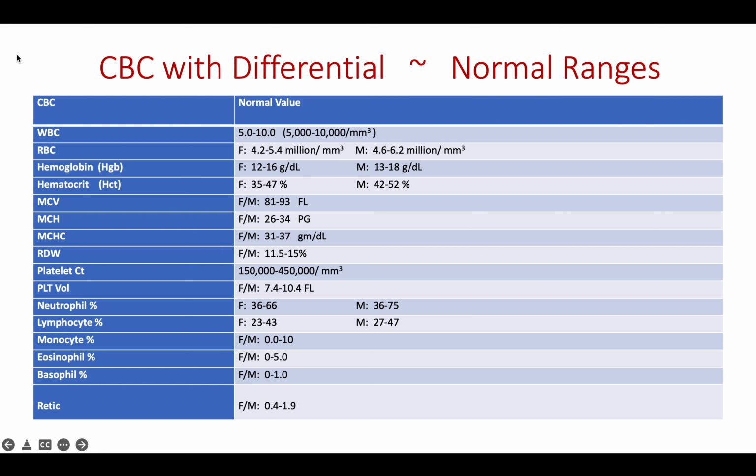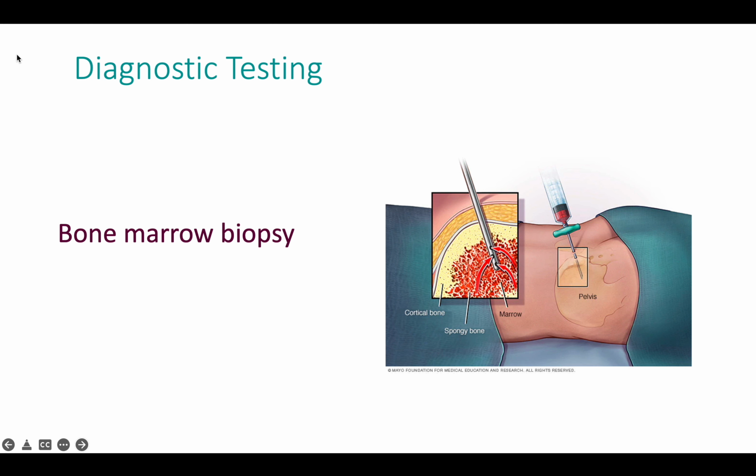So the CBC is really used as a screening to identify cellular regulation issues. Now, as we know with screenings, they are just a tool to identify a problem, and they do not diagnose a problem. If we need to diagnose a problem, then we're going to move on to the bone marrow biopsy.